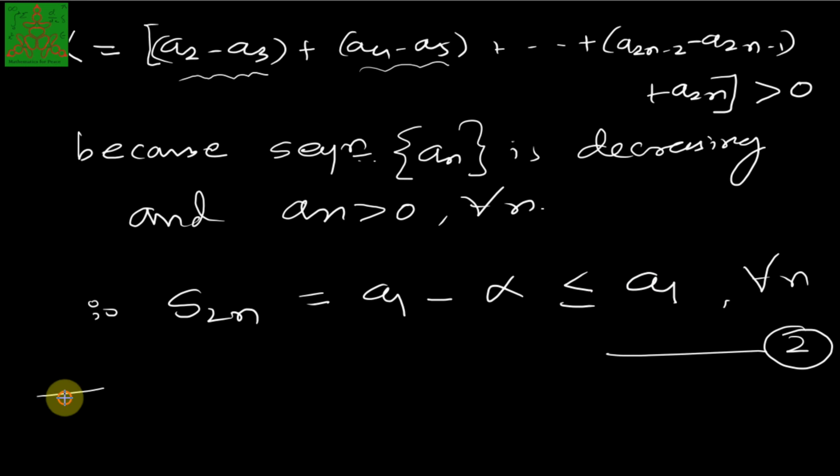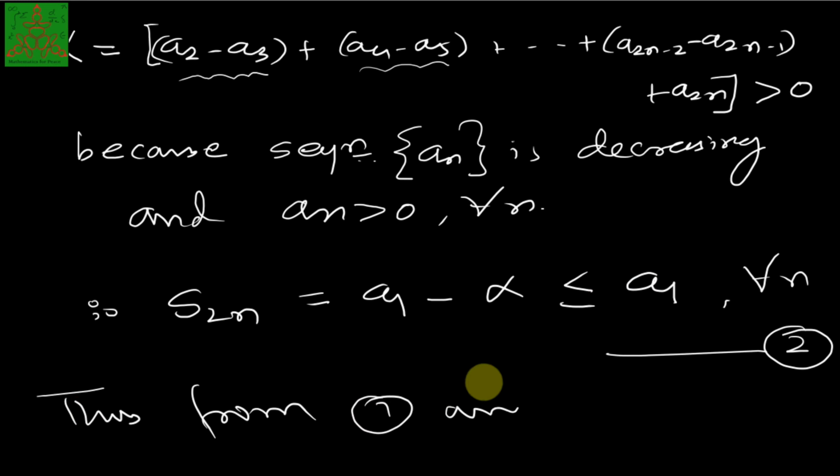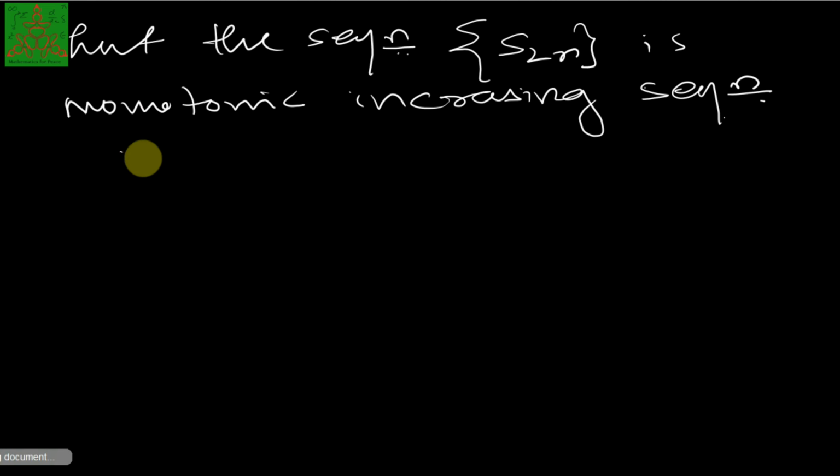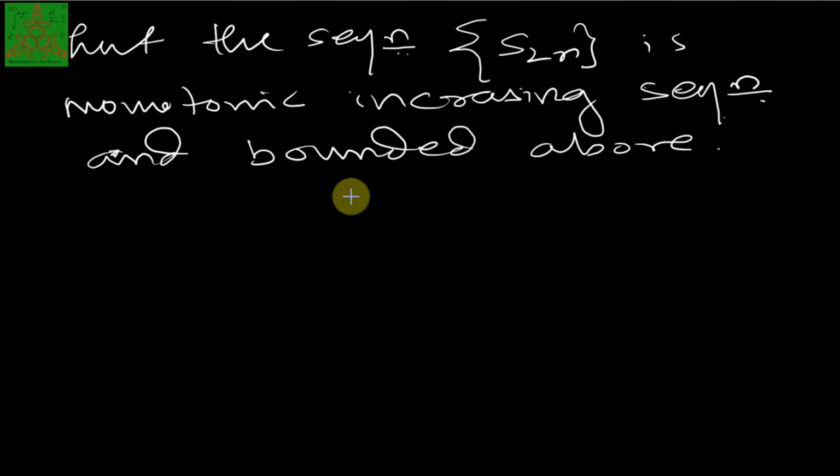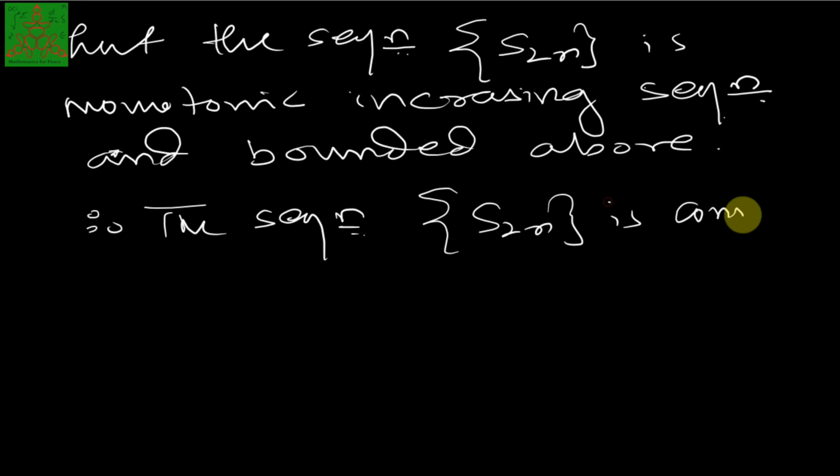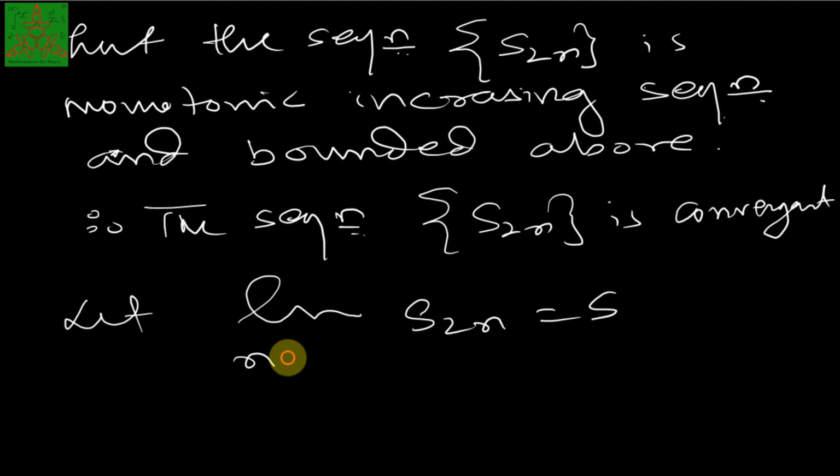Thus from 1 and 2 we say that the sequence S_(2n) is monotonically increasing and bounded above. And we know that any sequence which is monotonically increasing and bounded above is convergent. Therefore the sequence S_(2n) is convergent. Let us say it converges to S as n tends to infinity.